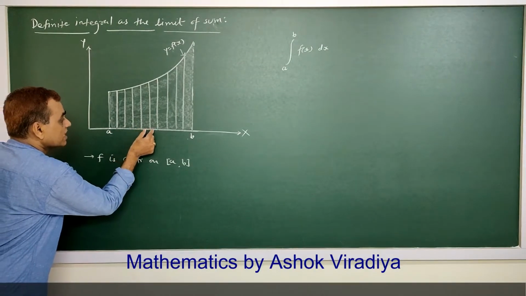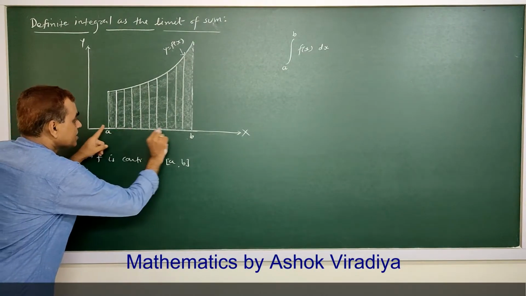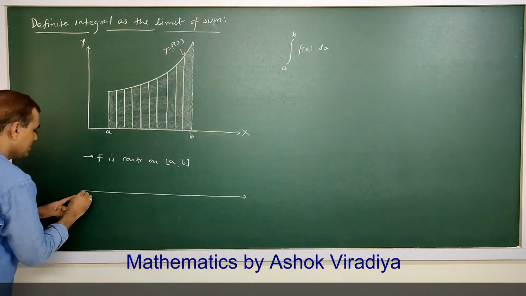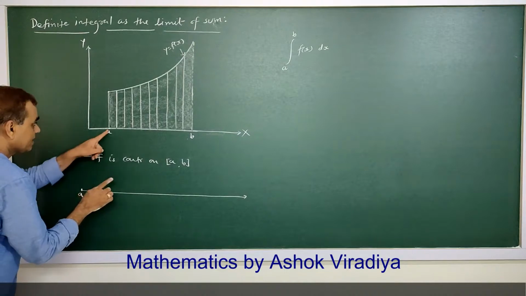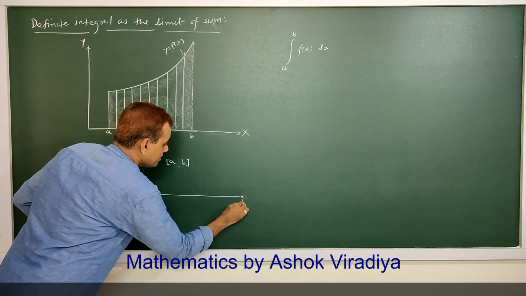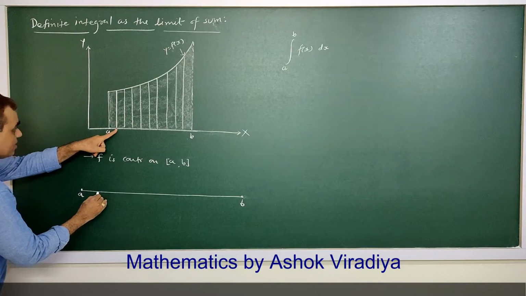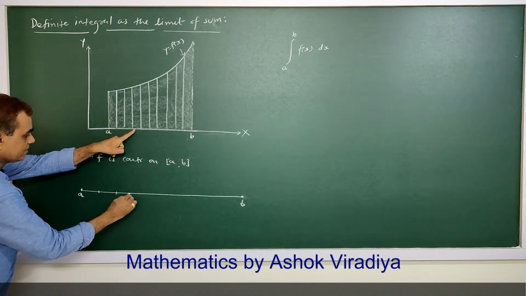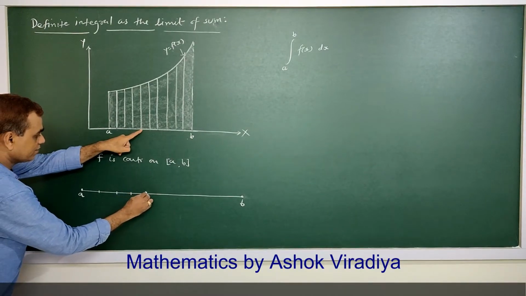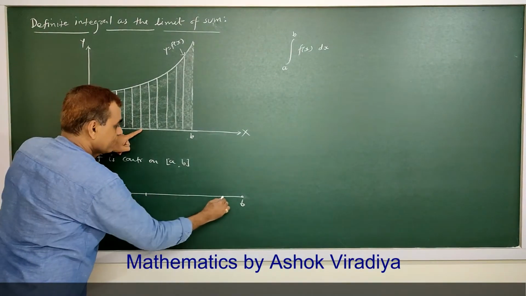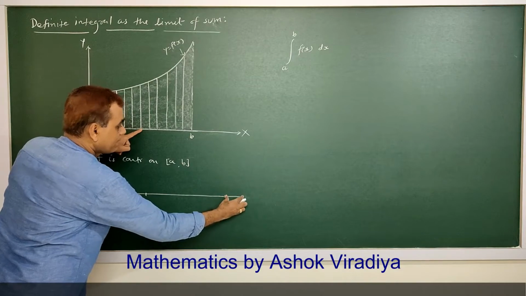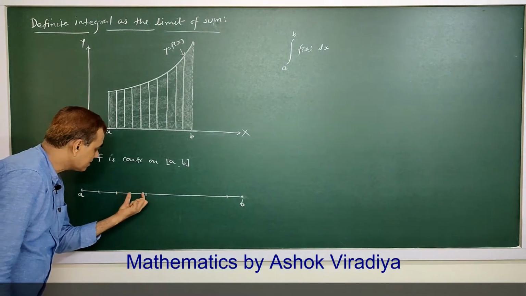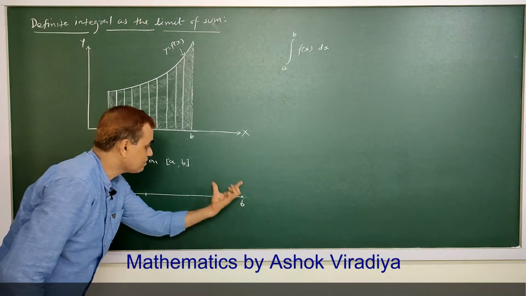sub-intervals of equal length. I am enlarging this part here. Suppose this number is a, this number I am putting here is b, and say here this is the first part, this is the second part, this is the third part, this is the fourth part, and this is the nth part.